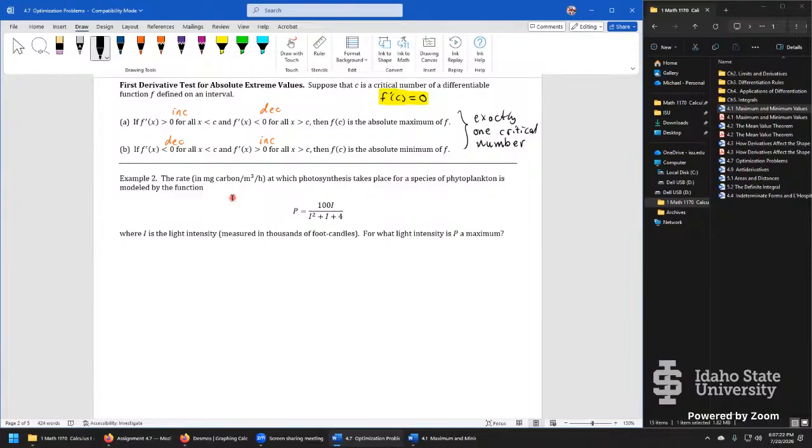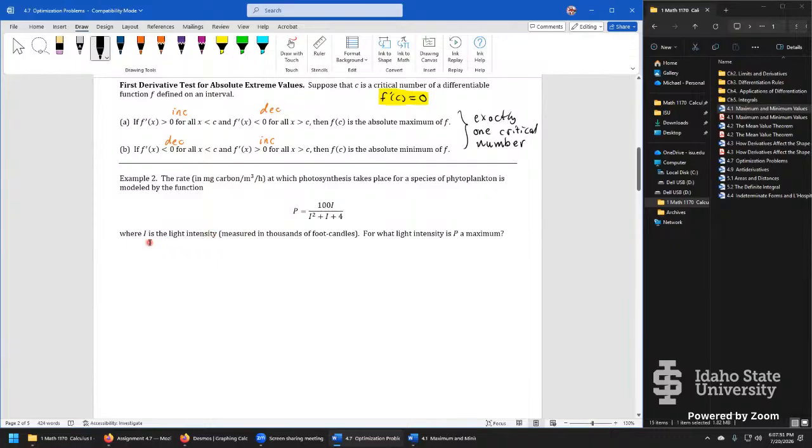Okay, so we're looking at a pretty complicated unit. The rate in milligrams of carbon per cubic meter. This is for phytoplankton, so we're thinking of an area of these organisms. So milligrams of carbon per cubic meter per hour at which photosynthesis takes place for these phytoplankton can be modeled by this function, P equals 100I divided by I squared plus I plus 4.